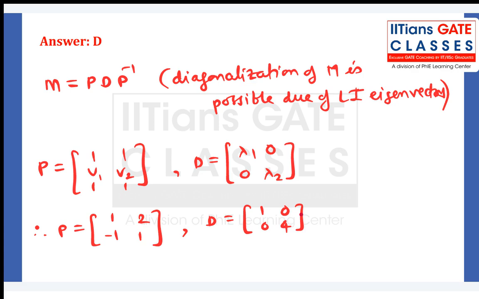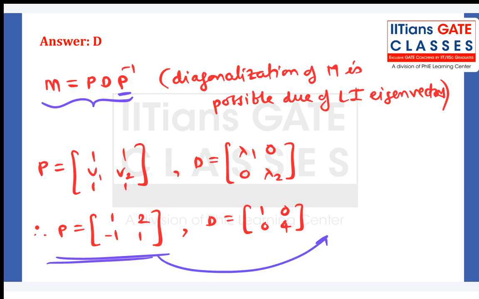Now to find this matrix M, you also need P inverse. If you look at this definition of diagonalization, P and D you already know, you need P inverse. Since you know matrix P, you can calculate P inverse. That will be 1 by determinant of matrix P, and for a 2 by 2 matrix, the inverse is easier because of the standard formula where you exchange the principal diagonal elements.